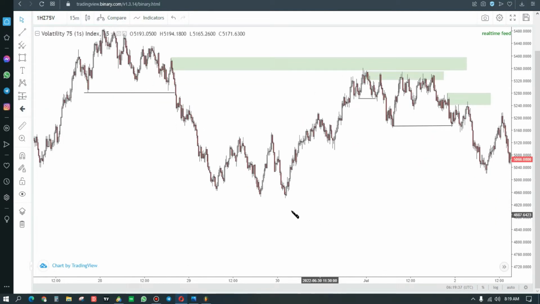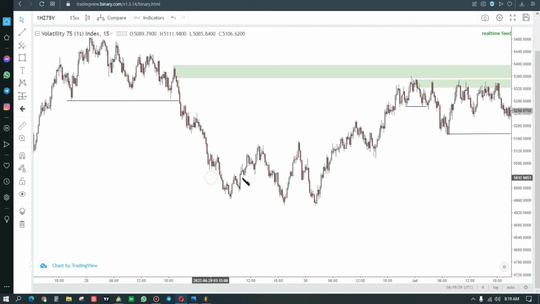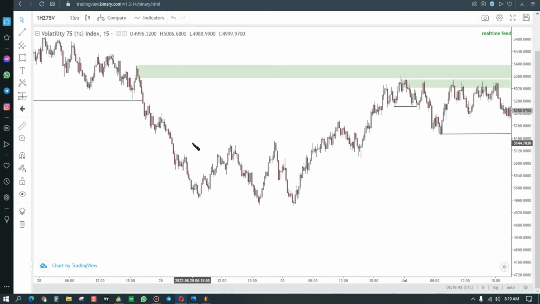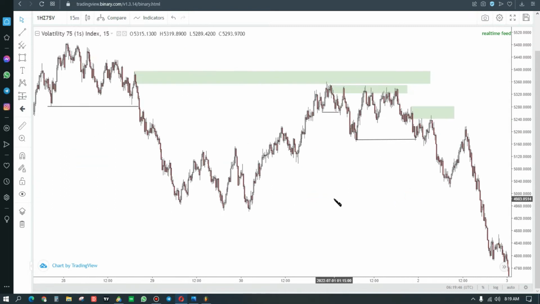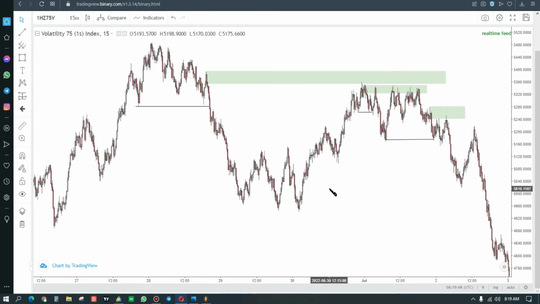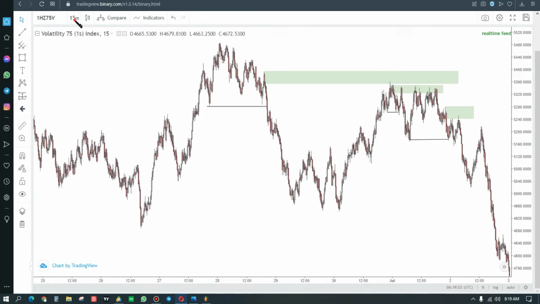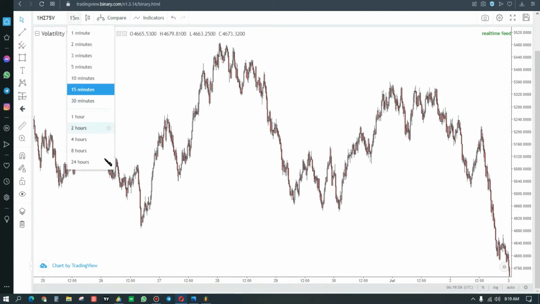On these markets, like how these volatility indexes move, I usually go higher when I'm looking for buys, but now I know that this market is already bearish. Let me clear everything so that we can backtest together and see how this market moves.